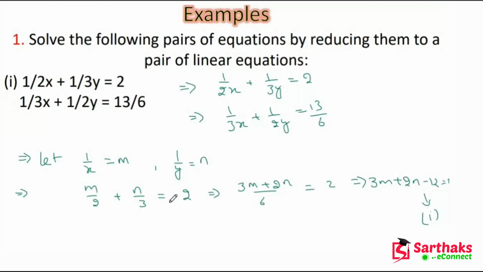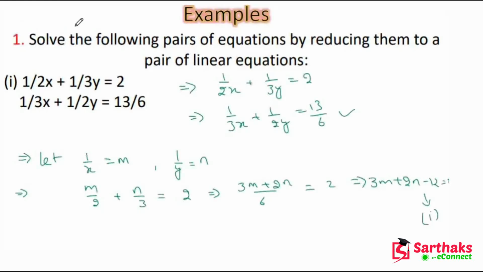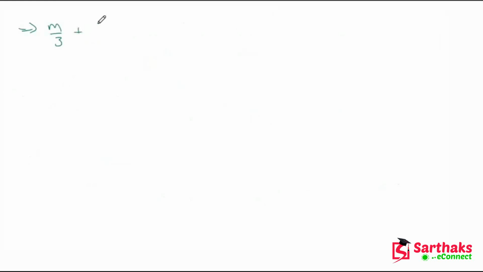Now, for the second equation: m upon 3 plus n upon 2 equals 13 upon 6, and it turns into 2m plus 3n minus 13 equals 0.